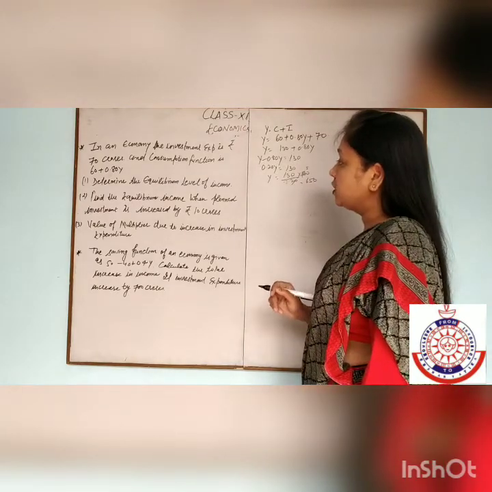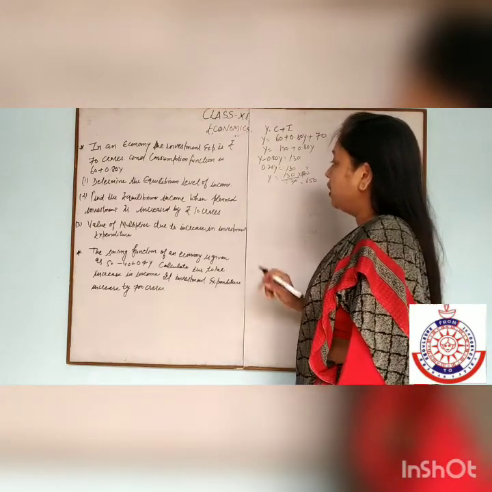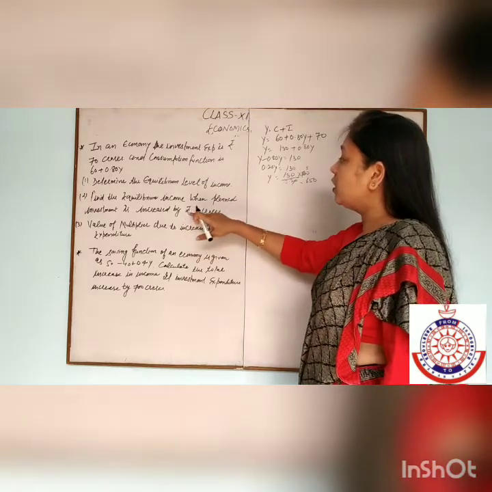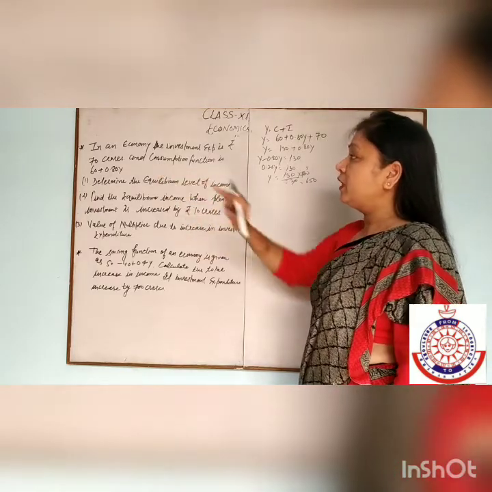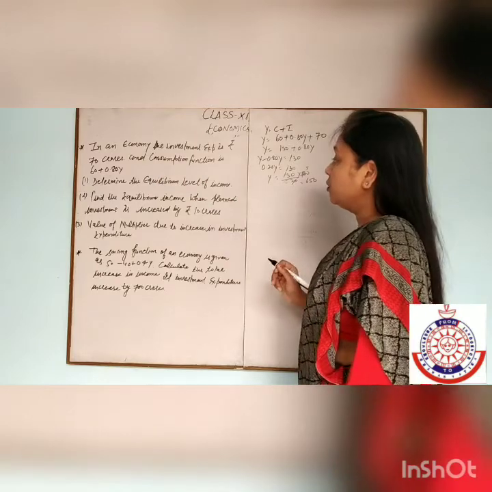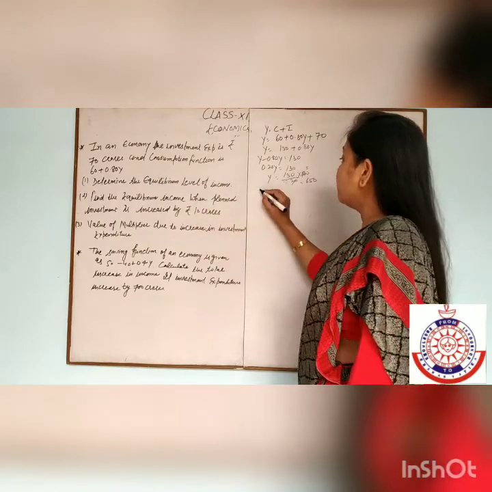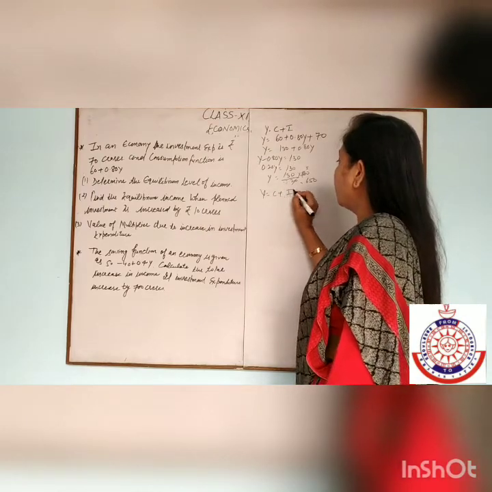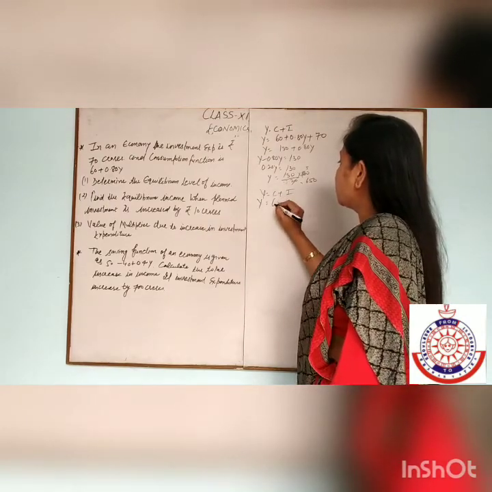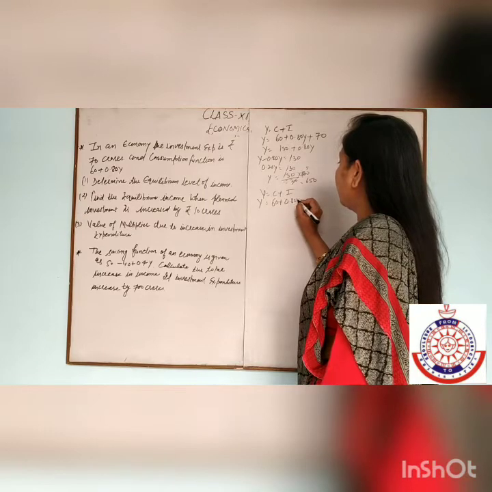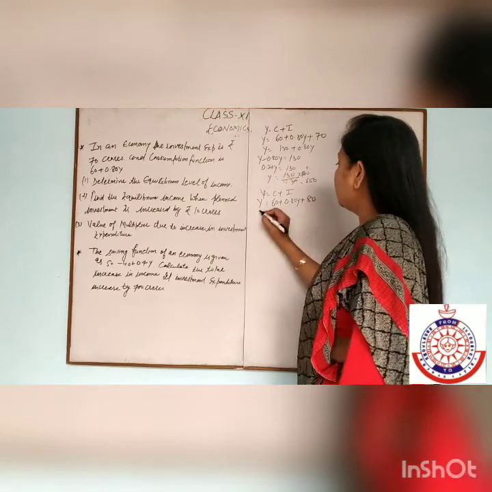The second point is find the equilibrium level when planned investment is increased by 10. Before that investment is 70. Now investment is increased by 10. Now the investment is equal to 80. It means Y is equal to 60 plus 0.8y plus 80.